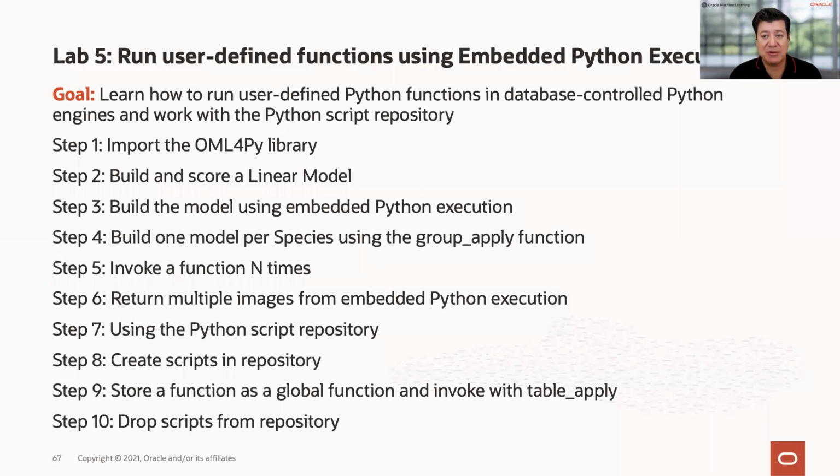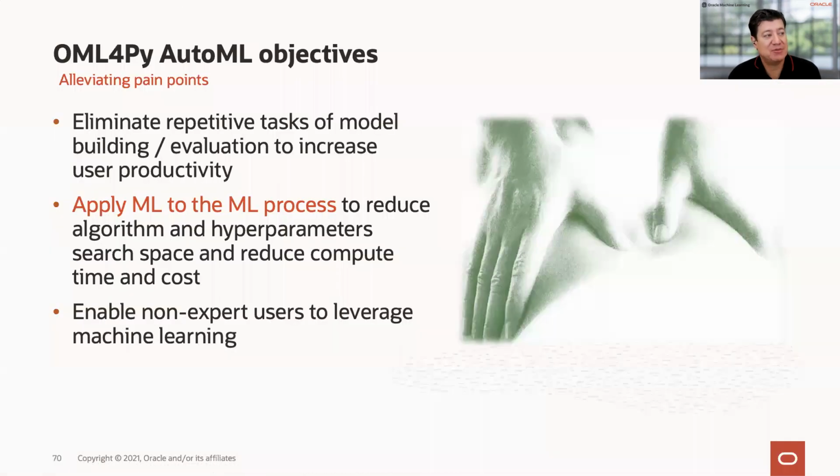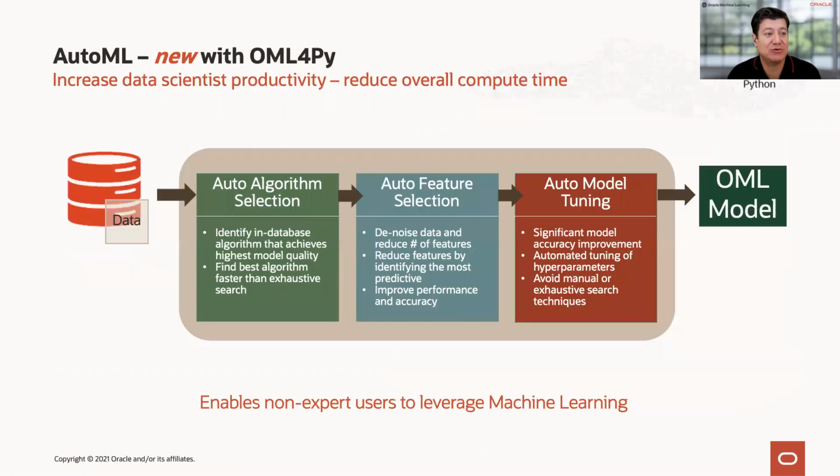Because we're running out of time, we're going to quickly check lab 6. I think this is one of the most exciting ones. Lab 6 is the AutoML one. It helps you when you're building models: instead of trying to figure out and guess which model is best, it lets you execute several models at the same time and then identify the best ones.